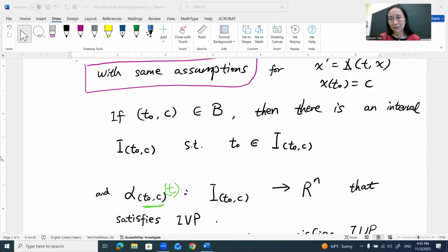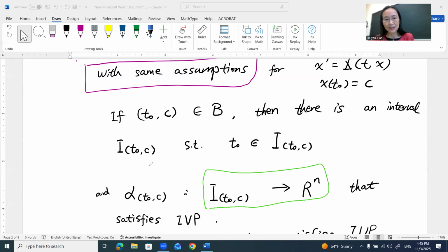Usually we do not include the parenthesis t, just use the name alpha. So this is just a name for the integral curve satisfying this initial data for the problem. And this integral curve is from this time interval to Rn.